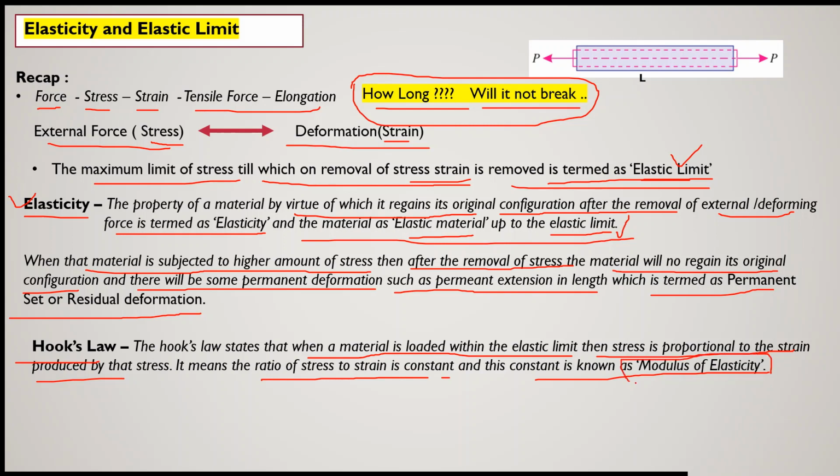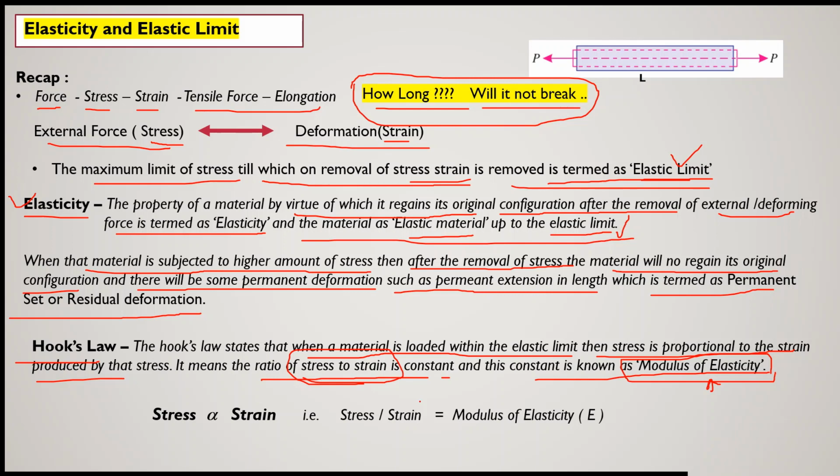So what is the modulus of elasticity? The modulus of elasticity is a property of the body. As the type of material changes, the value of the modulus of elasticity will change. If the value of the modulus of elasticity changes, that means the relation between stress and strain will change. So stress is directly proportional to strain; that is, stress upon strain is equal to some constant.